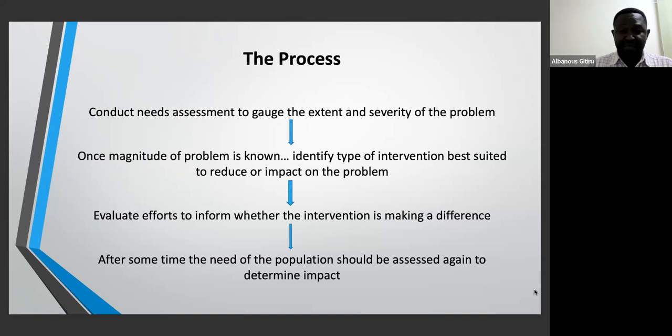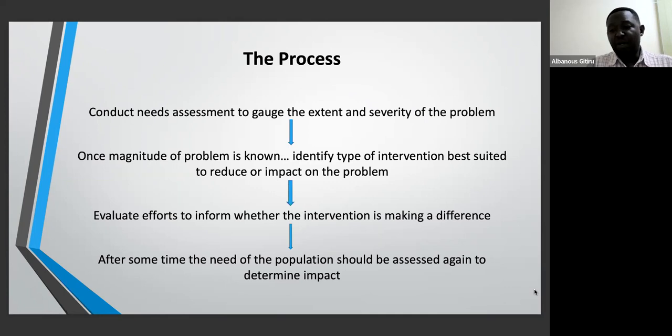Then after some time, there is a need of the population to be assessed again to determine the impact. When you look at the last 2 points, these 2 points show the difference between monitoring and evaluation. That we try to get the outputs of a project, the quick gains after implementation of a project, that inform whether the intervention is making a difference.